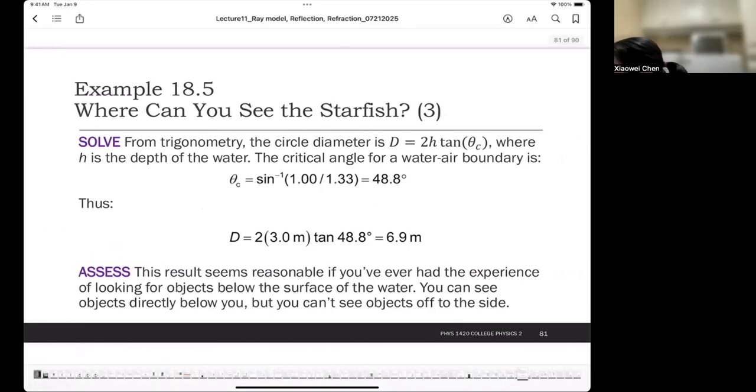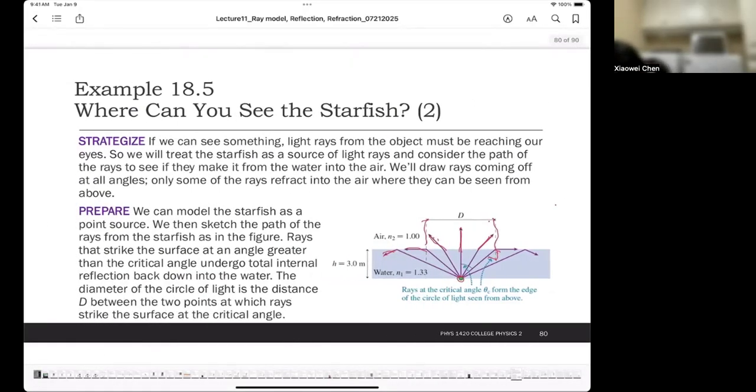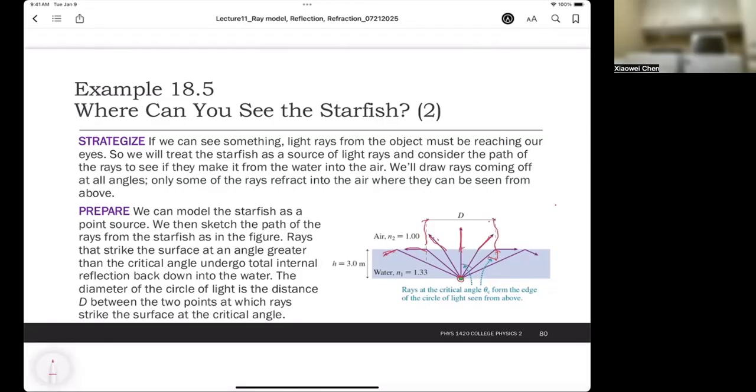Let's try to solve this. From trigonometry, the circle diameter d equals this one. Let's try to find why. Here you can see this is d, am I right?